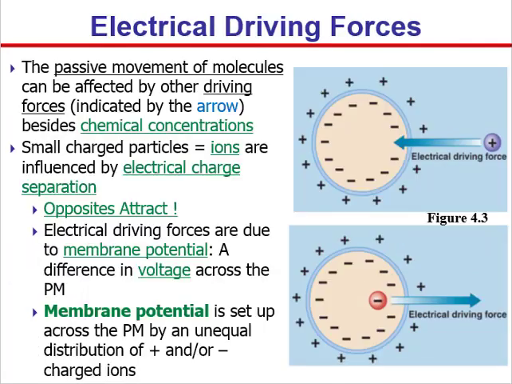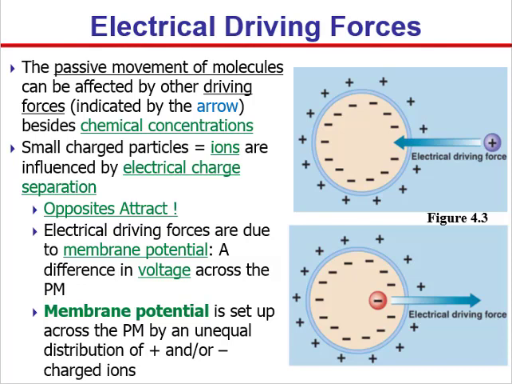So the separation of charge sets up an electrical driving force. And this is shown here in figure 4.3, where we can see the inside of the cell maintains a net negative charge, and those positive cations are kicked out of the cell, and under normal conditions, the outside of the cell is going to be positive. So the separation of charge can also drive movement because opposites attract. The charge difference across the membrane is also going to be another method of driving force across that membrane.